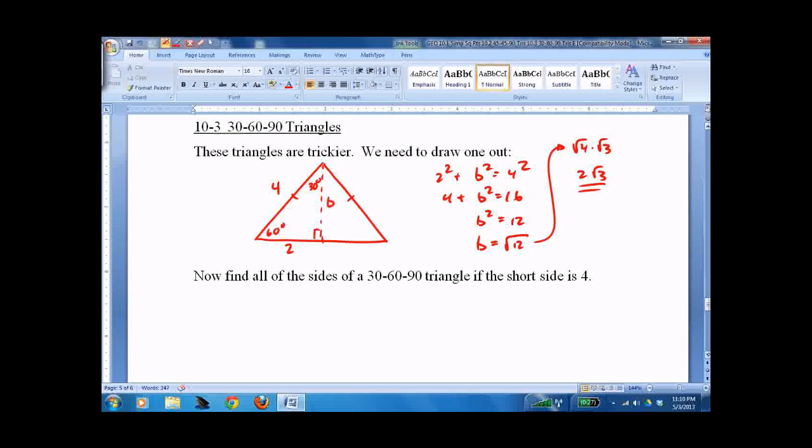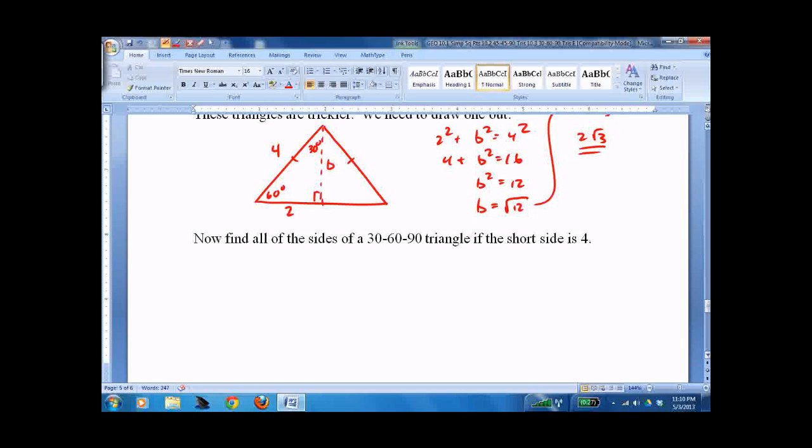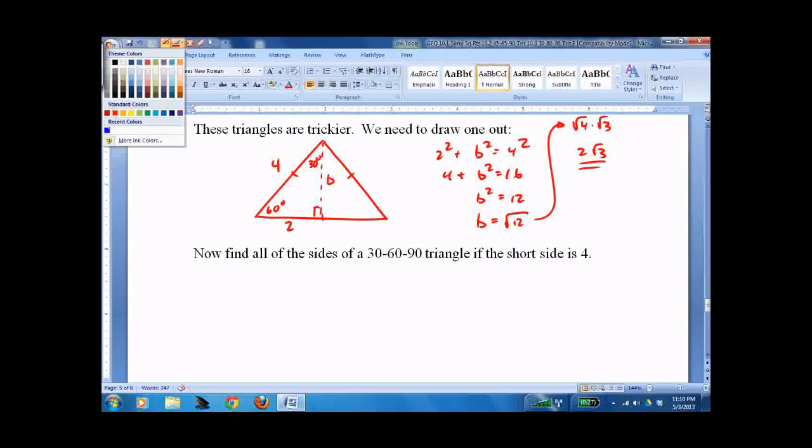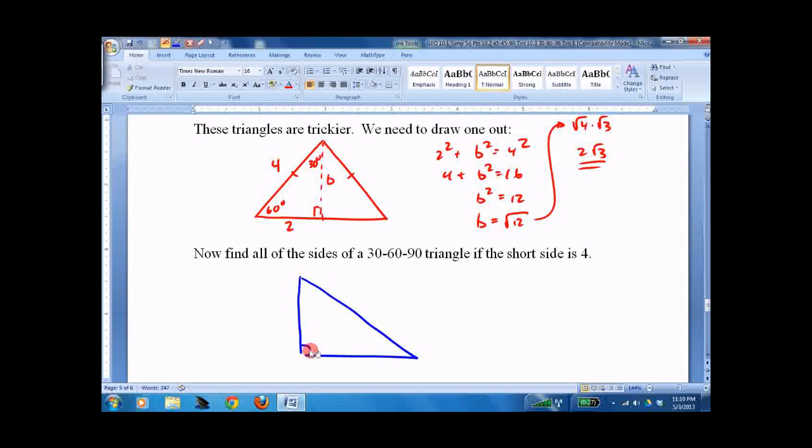So here's the rules. Across from 30 degrees is what we call the short side, which I will label SS.